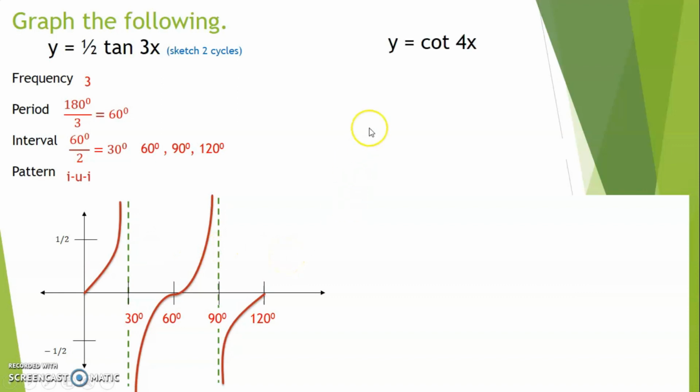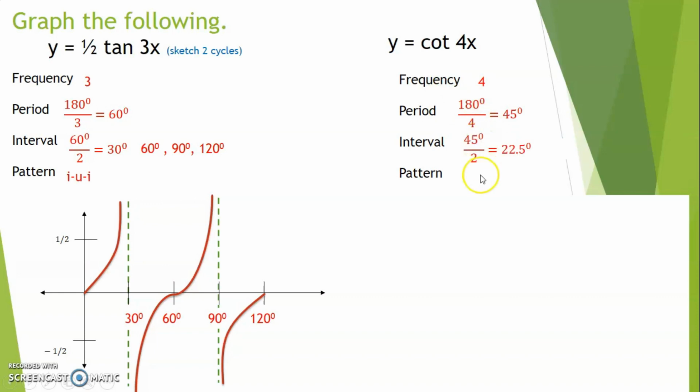Okay, next. Graph y is equal to cotangent 4x. Identify the frequency, it's 4. Period, it's 180 divided by 4, so it's 45. Get the interval. 45 divided by 2 is 22.5. Get the rest, 45, and so on. For the pattern here, it will be undefined, intercept, and undefined.